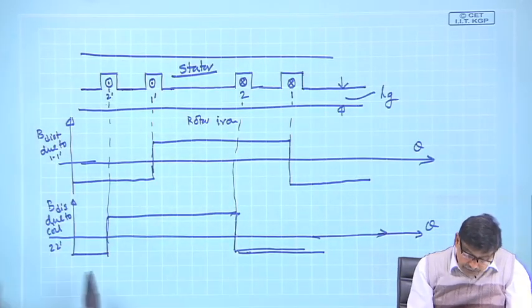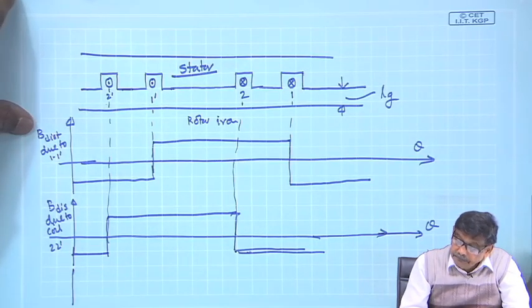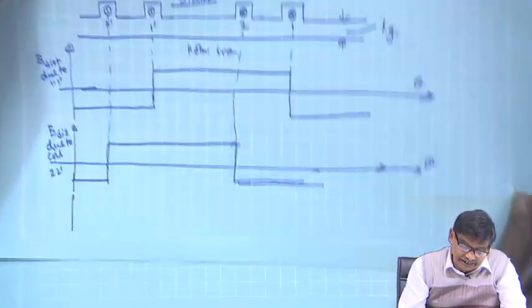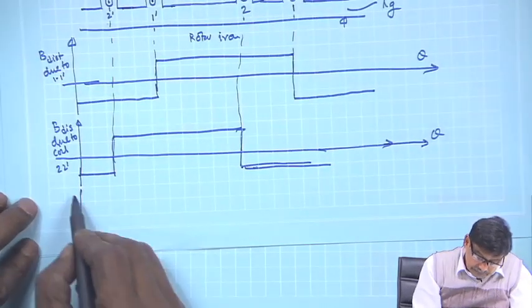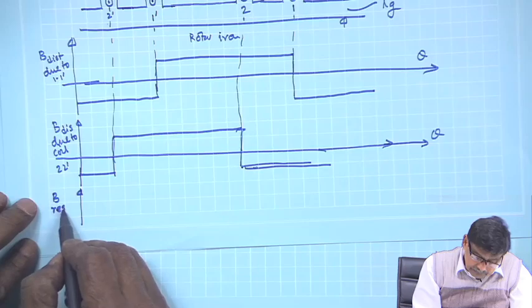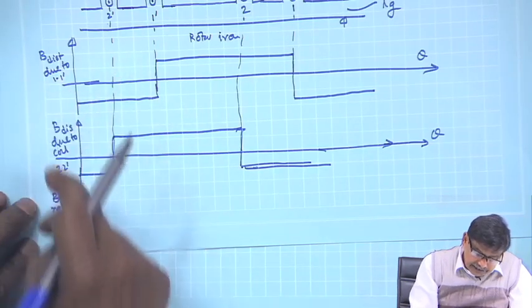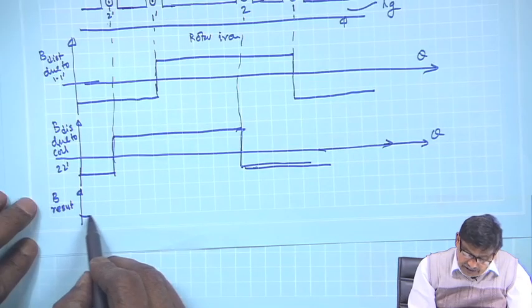Now, what I will do? I will add these two waveforms to get the resultant, that is all. B due to both 1 1 dashed and 2 2 dashed, that is what I am going to do.